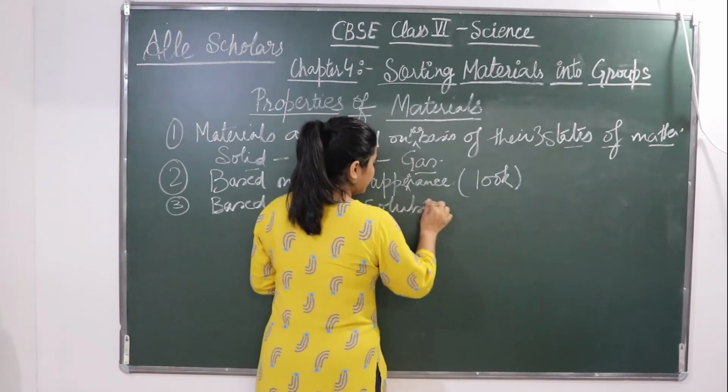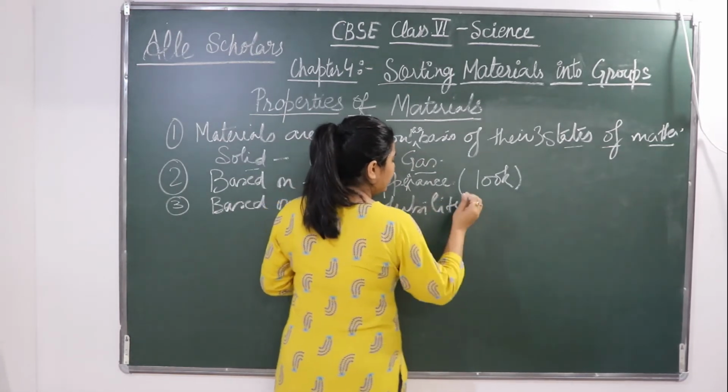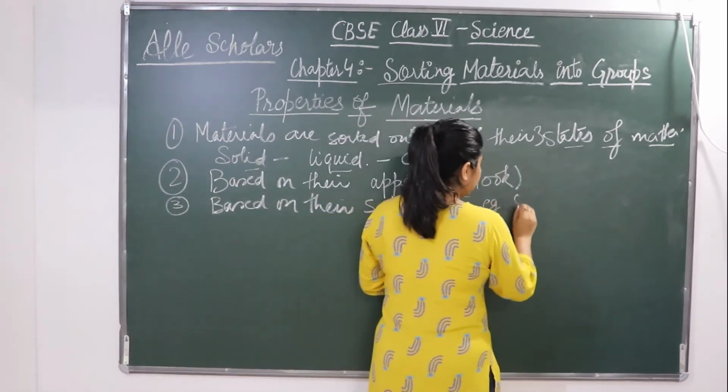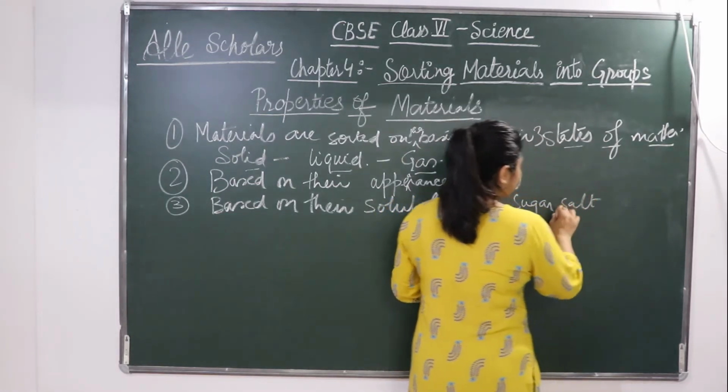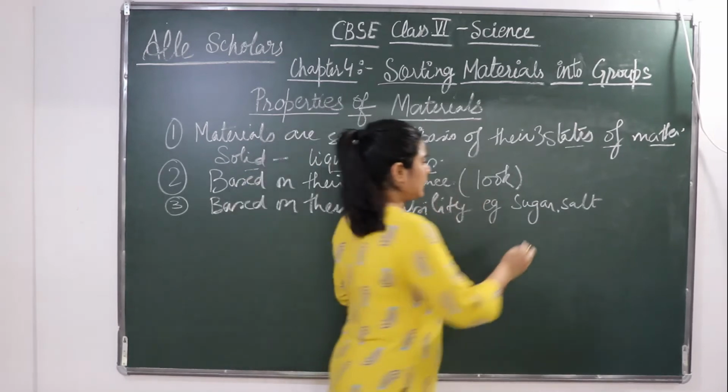Okay, so the third category is based on their solubility. In solubility, for example, let's take sugar and salt. They are soluble in water.